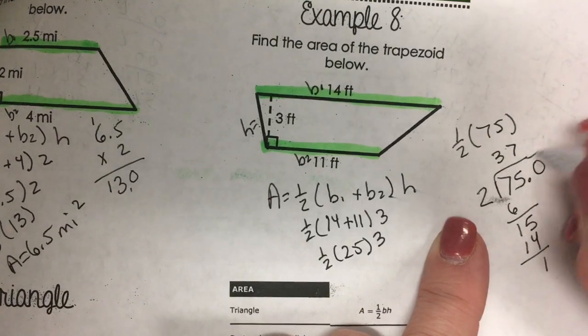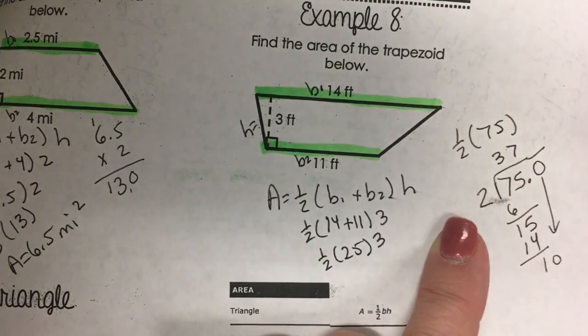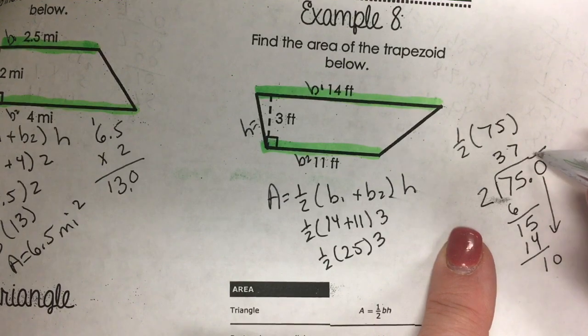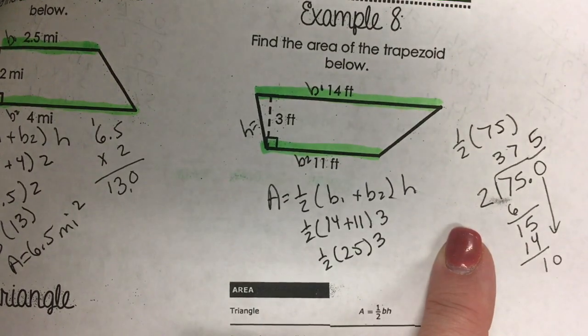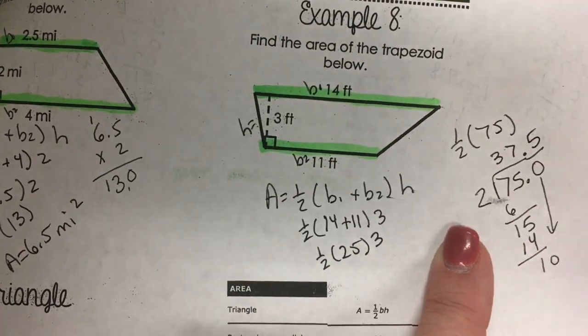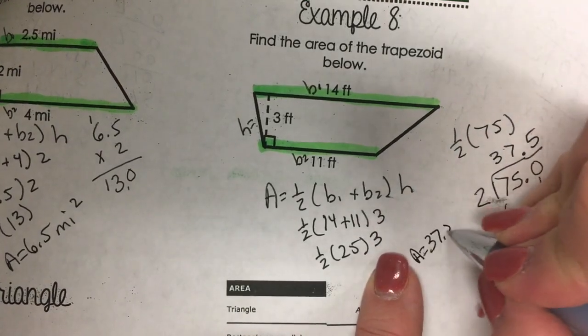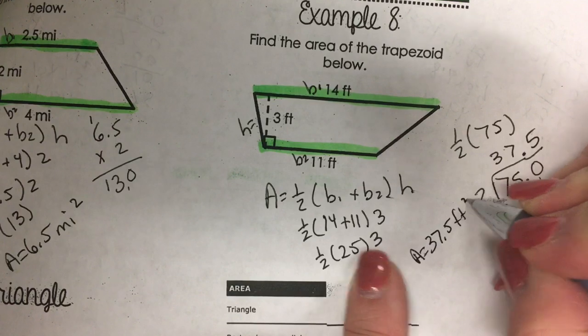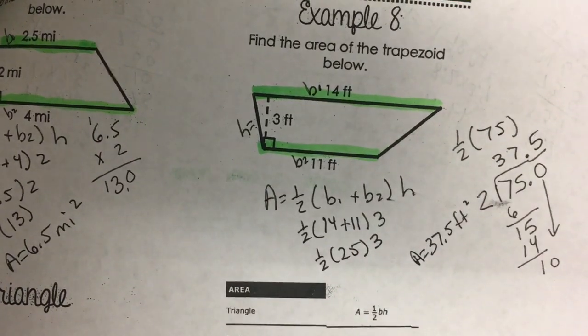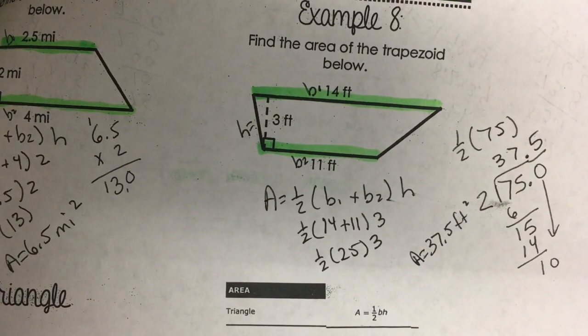Subtract, add a decimal and a 0, bring the 0 down. 2 goes into 10 5 times. Bring your decimal up. So my area for this trapezoid is 37.5 feet squared. So that's how you use a trapezoid.